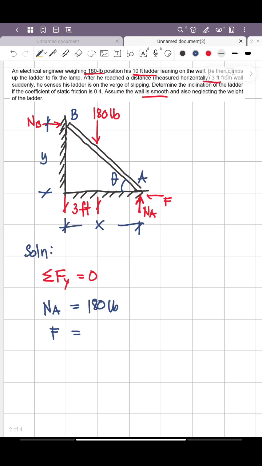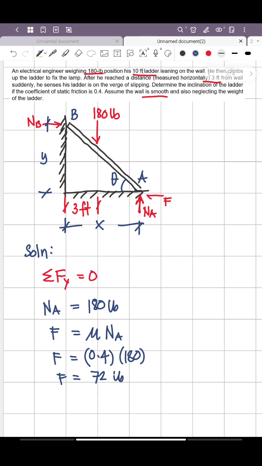So our friction is the coefficient of friction times the NA. F equals, yung coefficient of friction natin is 0.4, so 0.4 times 180. So F is equal to 72 pounds.